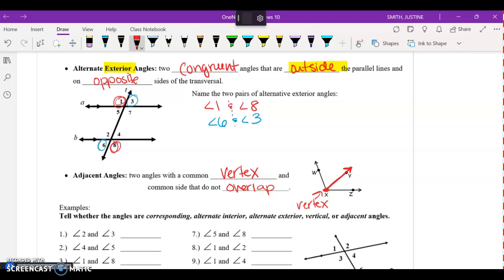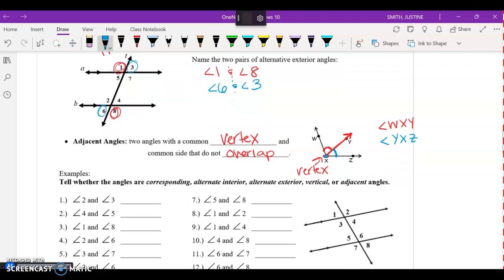So if we're looking at angle WXY, which is this angle here, it would be adjacent to angle YXZ, which is this angle on this side. Two angles that have this common vertex of X, and a common side, but they're not overlapping each other.